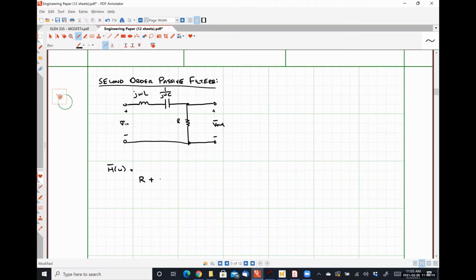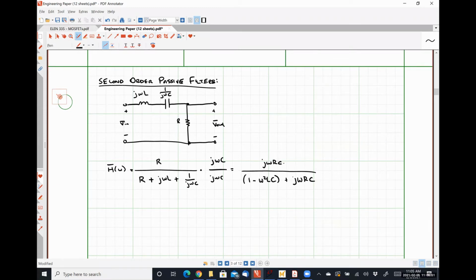In my denominator, I'm going to have R plus j omega L plus 1 over j omega C. And in my numerator, I'm going to have R. I'm going to multiply by j omega C. And this gives me 1 minus omega squared LC plus j omega RC in my denominator and a factor of j omega RC in my numerator.